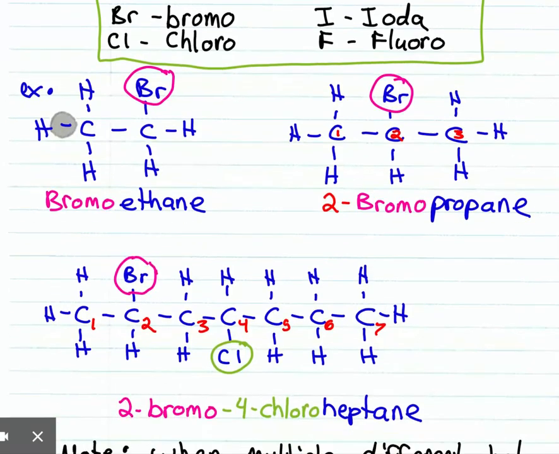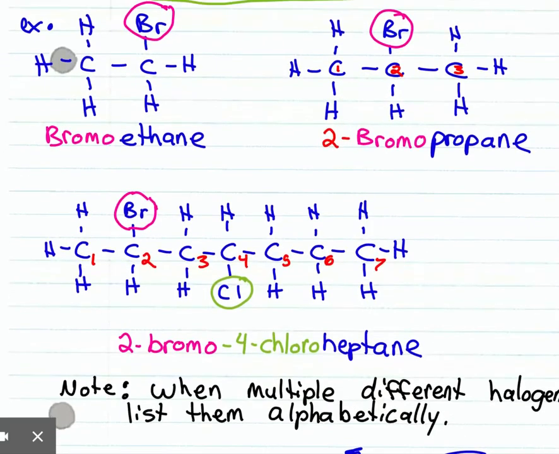Now, when you have multiple different halogens, like in this next example, there's a bromine and a chlorine bonded to the hydrocarbon. We list them alphabetically, so bromo, B, comes first in the alphabet.